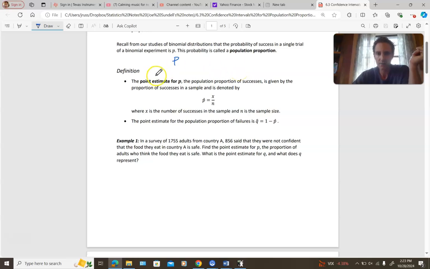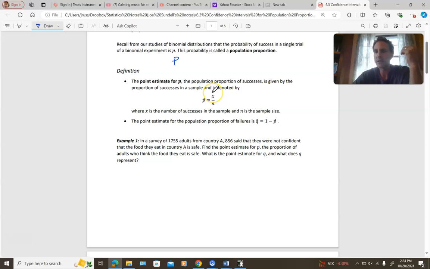All right, so how do we find a point estimate? Well, I just talked about it. We take the number of successes, or in other words, the number from our sample that meets whatever criteria we're talking about, and we divide that by the total number, the sample size. So X will represent the number of successes in the sample, and n, of course, is always going to be the sample size.